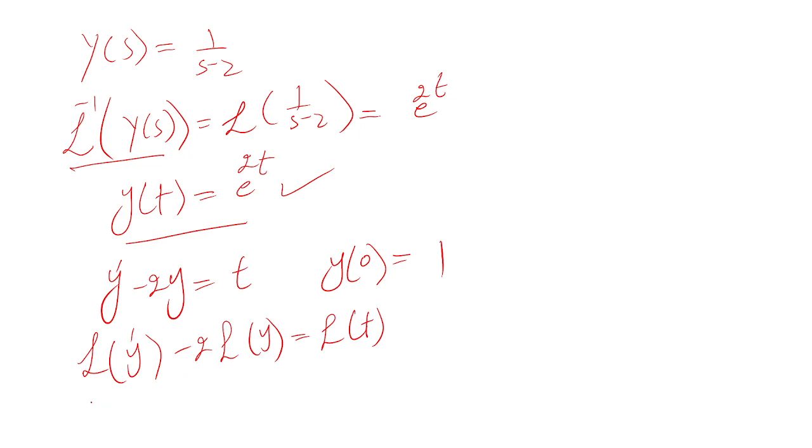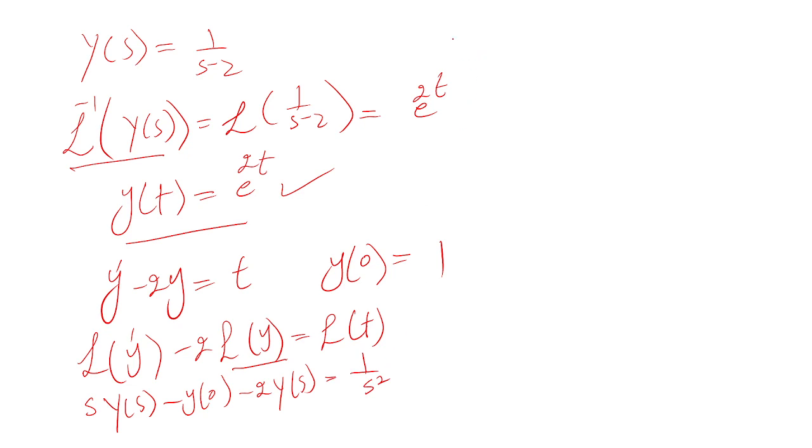So this gives me s times Laplace transform of y minus y at 0, and then minus 2 Laplace transform of y for this term, and we see that the Laplace transform of t is 1 over s square.